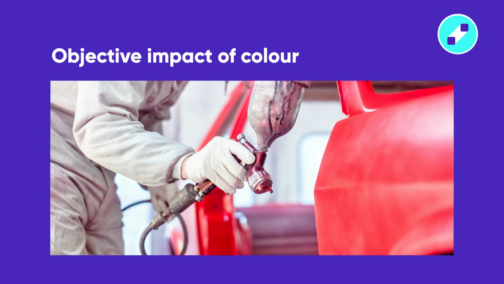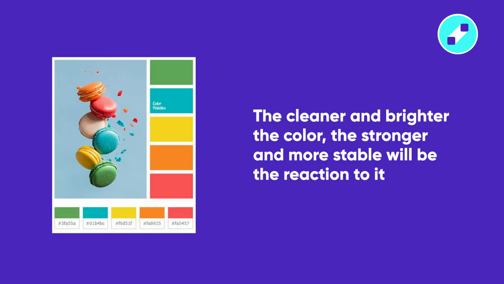Color arises in human perception through the eyes and the brain when the surface of the object absorbs light waves. For example, a red car looks red because it absorbs all other colors of the light beam and reflects only red. The color has objective properties and they create specific reactions.